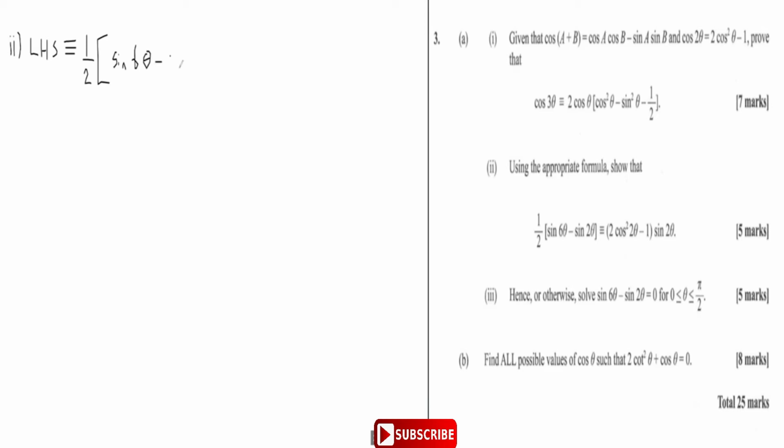Now there are 2 ways we can do this. You can rewrite sine 6 theta as something else, or you can realize that you're subtracting 2 sines, which is a difference of 2 sines formula, which is twice the cos of half the sum times the sine of half the difference. We can utilize that formula.